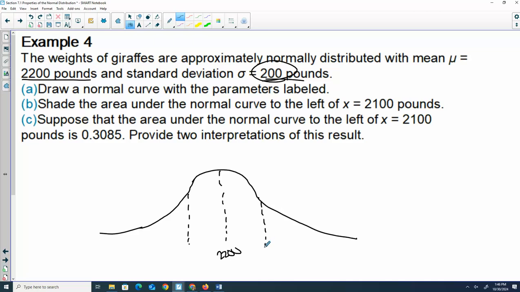So this point would be 200 higher, and this one would be 200 lower. Okay, we could label more standard deviations. At the very least, if I ask for this, I want at least one standard deviation labeled. You could do 2 or 3 if you wanted, but 1 is sufficient.